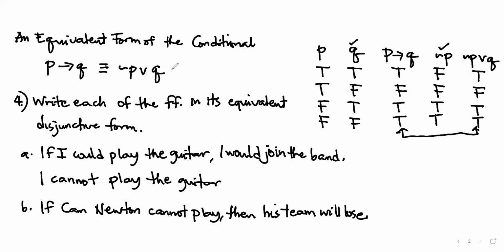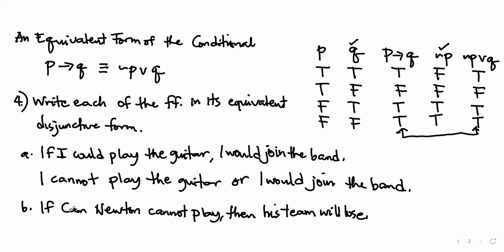I cannot play the guitar, or I would join the band. Okay, that is the answer. That is the equivalent disjunctive form for letter A.